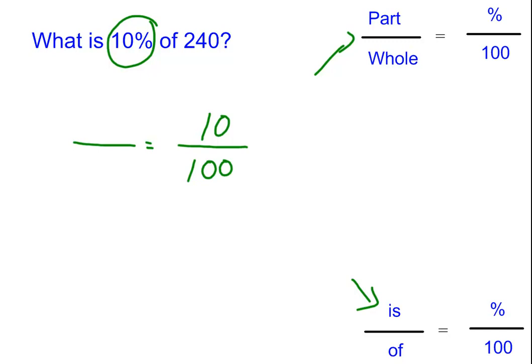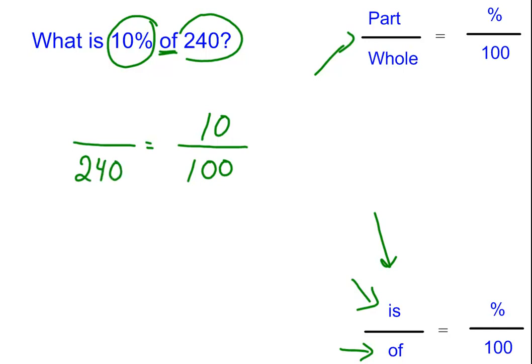Now, the other side of the problem, we have a part and a whole. And all that we really have left right now is this 240. So is the 240 the part or the whole? Well, in this particular problem, if you check down here, we have the of here, and this actually does say of 240. So because it says of 240, we're going to put the 240 in the of spot.